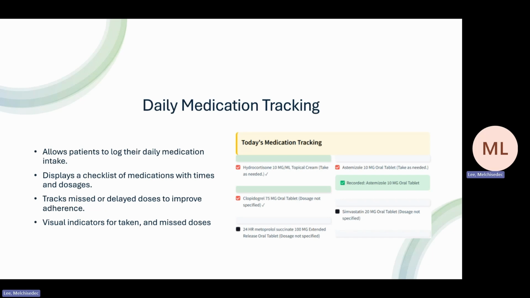And to support adherence, the system also tracks any missed or delayed doses, which can be valuable for identifying or improving medication taking habits. Additionally, visual indicators are provided for doses that have been taken and those that have been missed, ensuring patients have a straightforward way to monitor their progress.